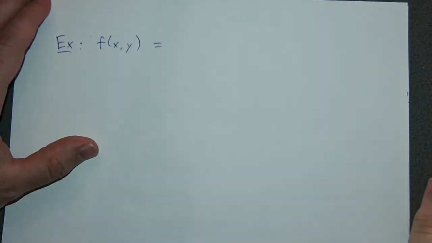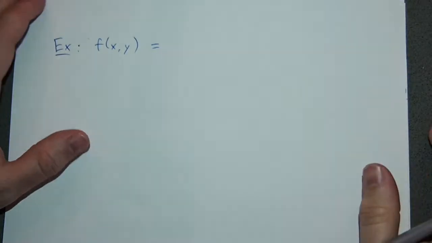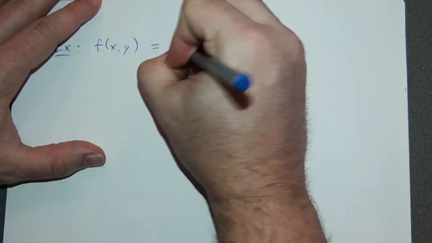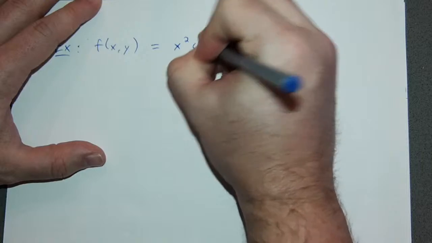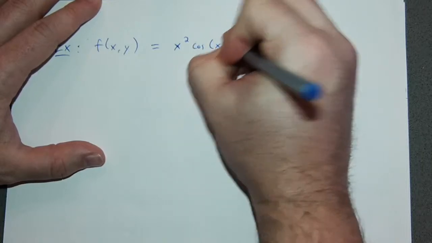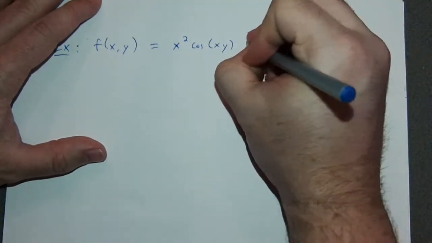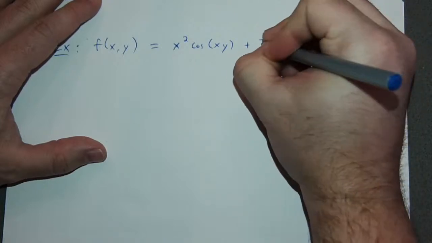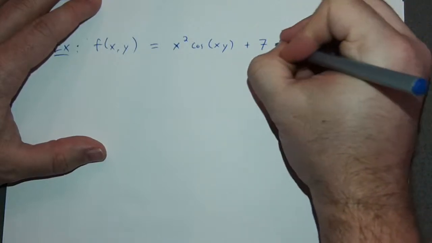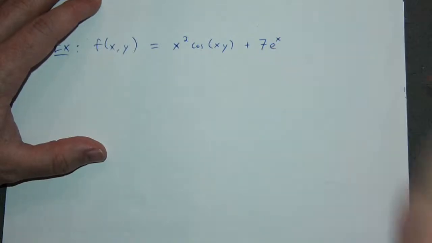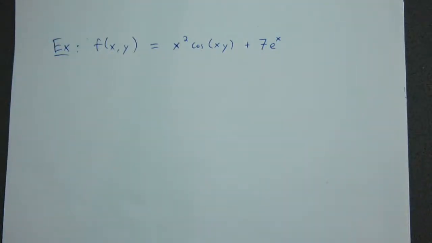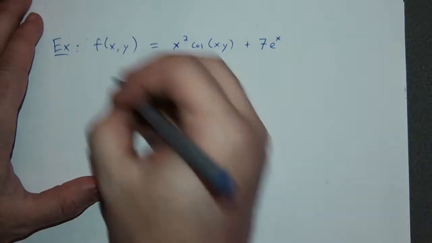Let's do a function f of xy, we'll say that this thing is going to be x squared cosine of xy plus, say, 7 times e to the x. All right. So now I want to compute the x and y partials here.